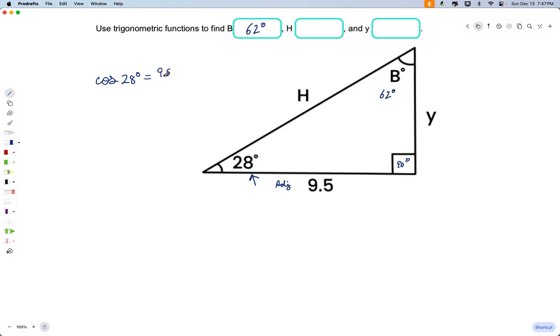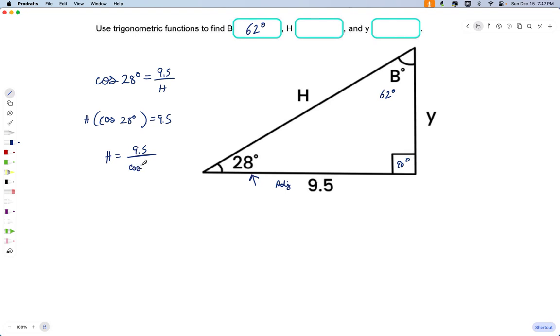So we multiply both sides by h. All right, we don't have a value for h, but we do have a value for this, so we're going to divide both sides by that. So h is going to be equal to 9.5 divided by the cosine of 28 degrees.